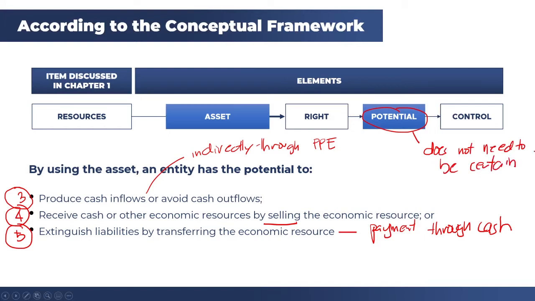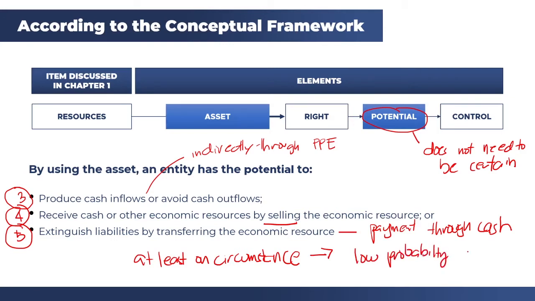It is only necessary that the right already exists, and that in at least one circumstance it would produce for the entity economic benefits beyond those available to all other parties. What we mean here is that even if there is a low probability of realization, it is an asset still.